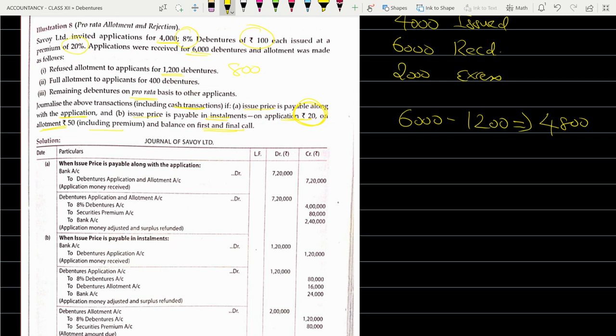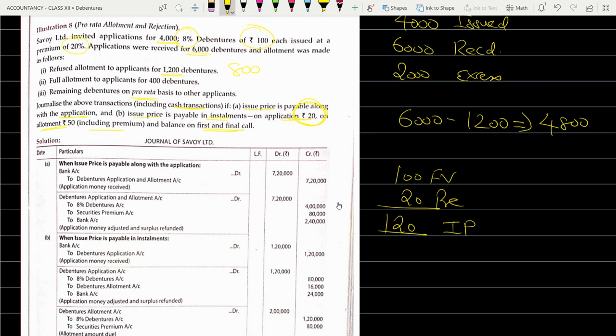So when it's the first case, lump sum, are you issuing at premium, or at par, or at discount? You're issuing at premium. So that means 100 rupees is your face value and 20 rupees is your premium. Altogether 120 rupees is your issue price.